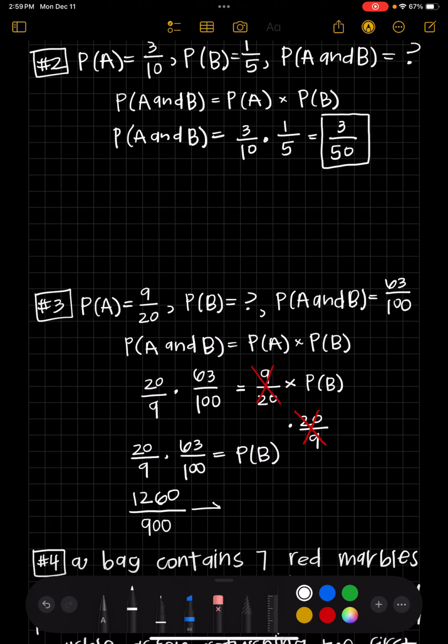And then we're going to simplify that. Both of those are divisible by 180. So I'm going to divide by 180 on both top and bottom, and I get 7 over 5. So that's the probability of B.